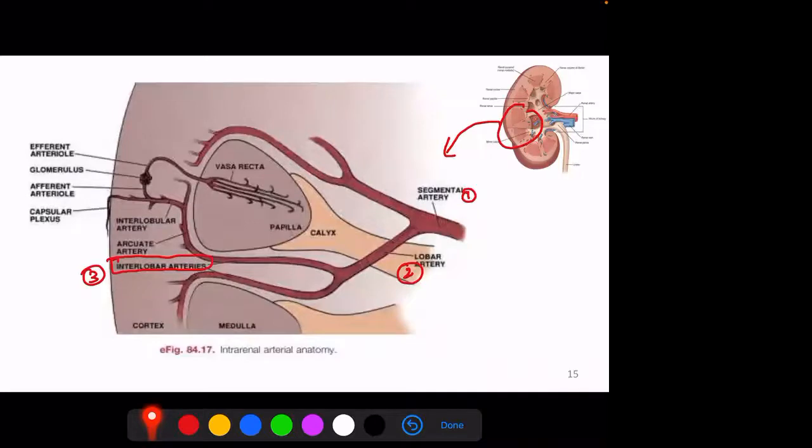The interlobar artery is further divided into the arcuate artery, which continues as the interlobular artery, which is continued as the afferent arteriole, and this is the glomerulus.